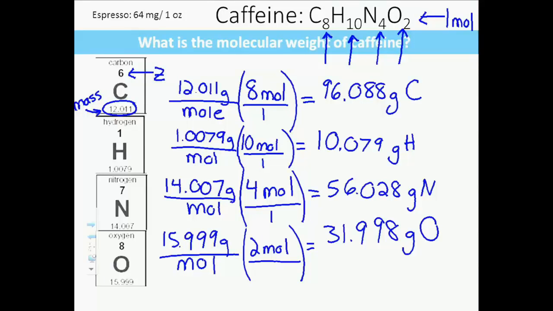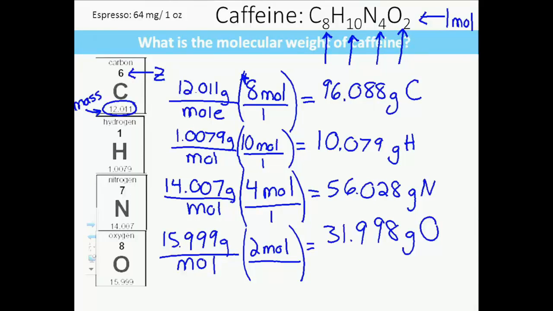So whenever you're trying to express what the molecular weight is of the whole caffeine molecule, why I broke this down for you is because that can allow us to say, oh, if you have 8 moles of carbon, then it should weigh 96.088 grams. Caffeine also has 10 moles of hydrogen, 4 moles of nitrogen, and 2 moles of oxygen.